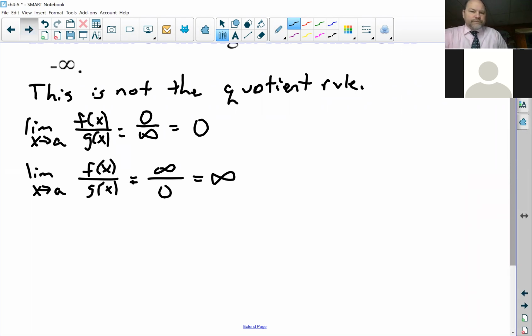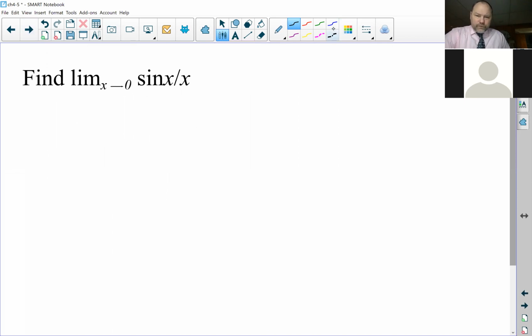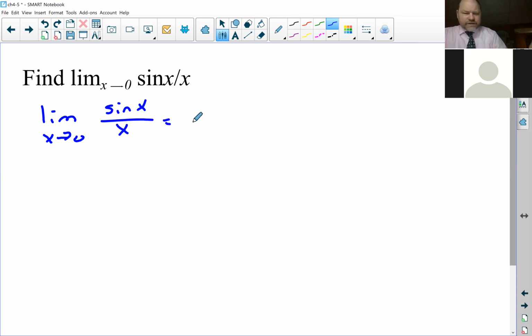All right. So one of the first ones we looked at in our examples was what happens if we take the limit as x approaches 0 of sine x over x. The first thing I would always do is just check what happens when I plug 0 in.